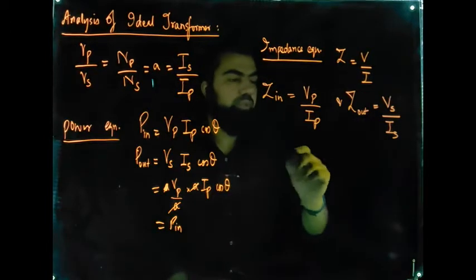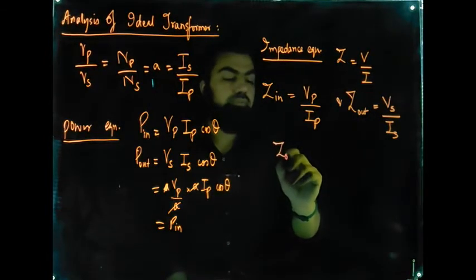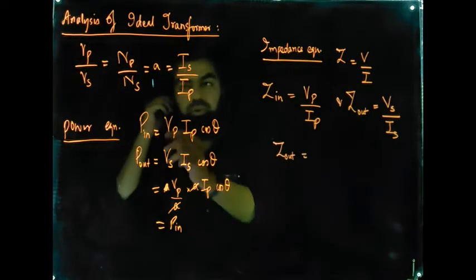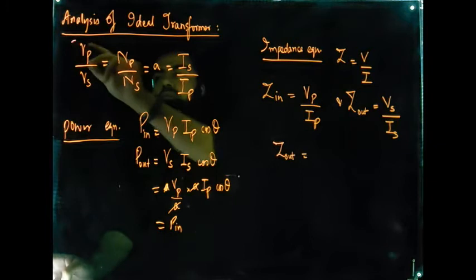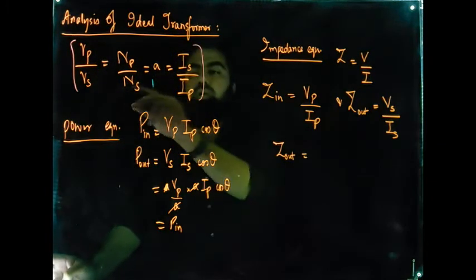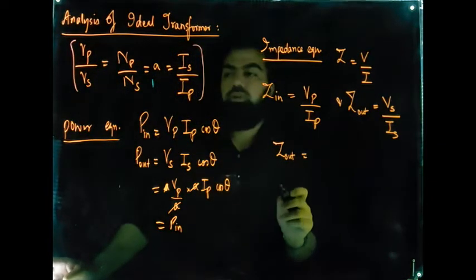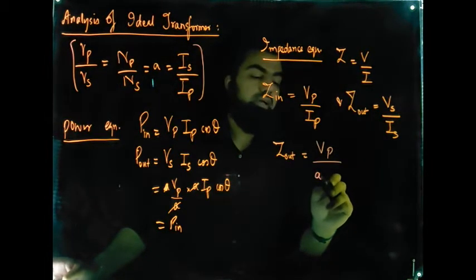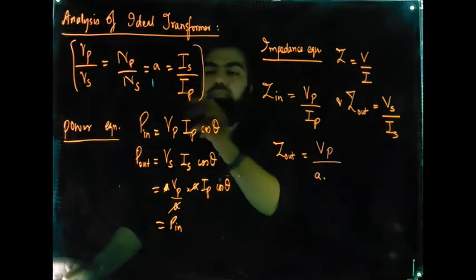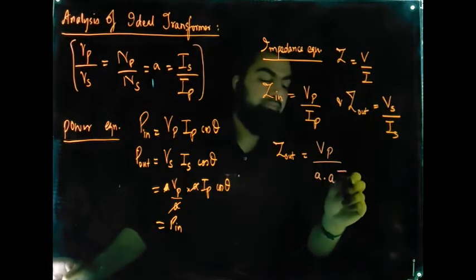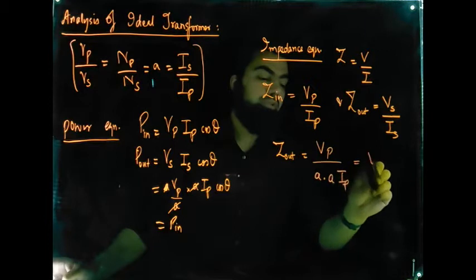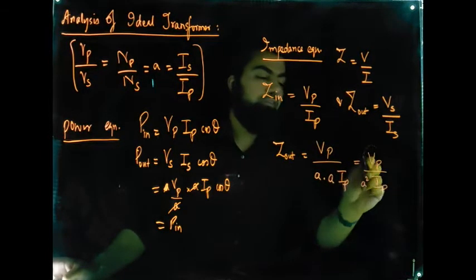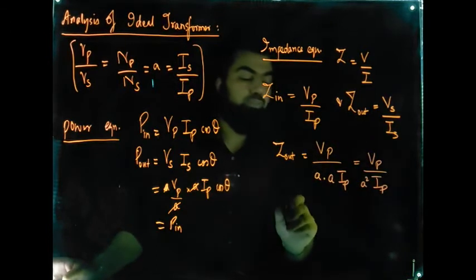So this output impedance Z out can therefore be written as, since Vs is equal to Vp divided by A, and Is is equal to A into Ip, Vp divided by Ip A square, where Vp by Ip is the input impedance.